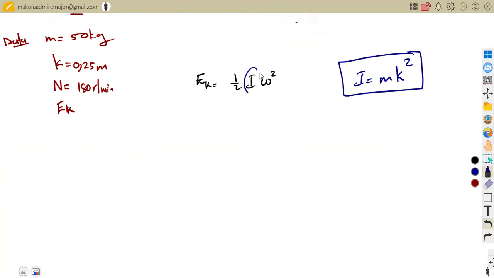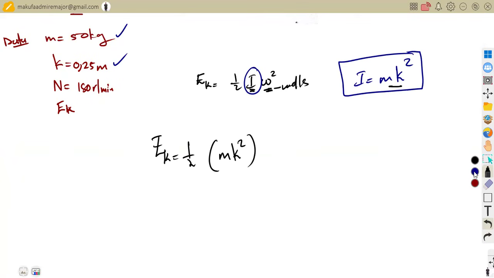So we can substitute this because we've got the mass, and we also have the radius. Our kinetic energy can be written as half, and in place of this inertia, we substitute mk squared. And omega, we do not have omega. Omega is in rad per second.